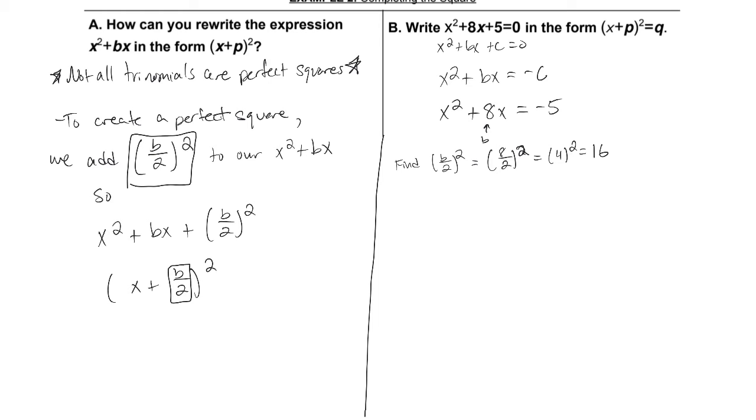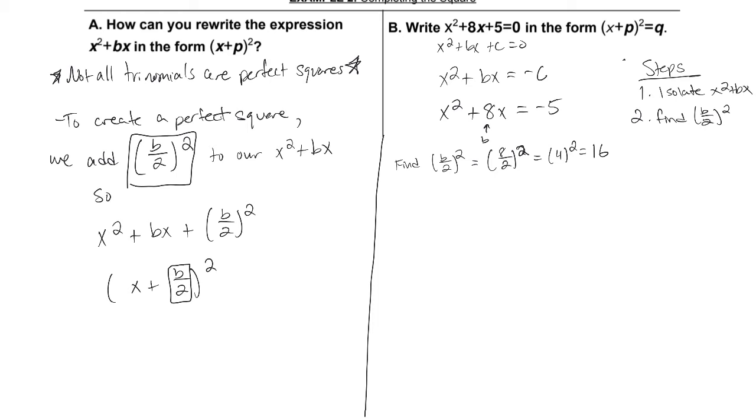So I'll write the steps here. Our first step is to isolate x squared plus bx, so we move the c over. The second, which we just did, is find b over 2 squared.